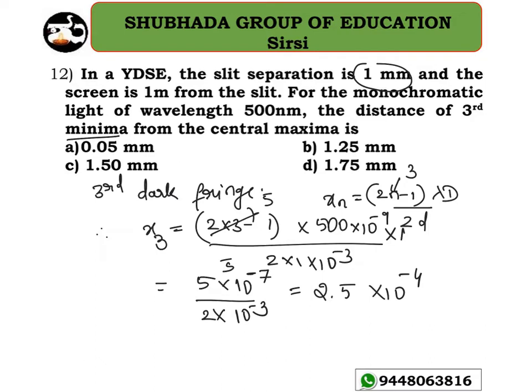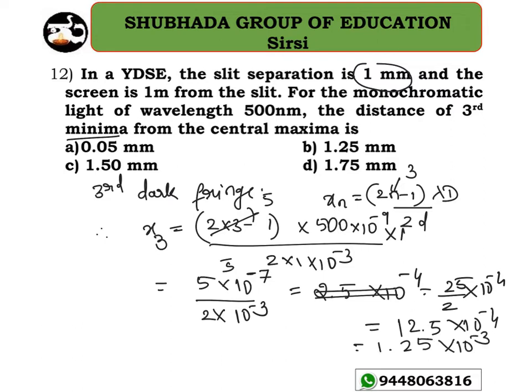So this must be 25 divided by 2 into 10 to the power of minus 4. So that is 12.5 into 10 to the power of minus 4. This is equivalent to 1.25 into 10 to the power of minus 3 meter. That is 1.25 millimeter.